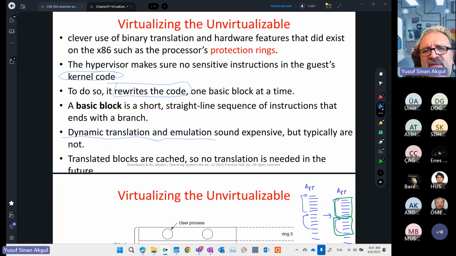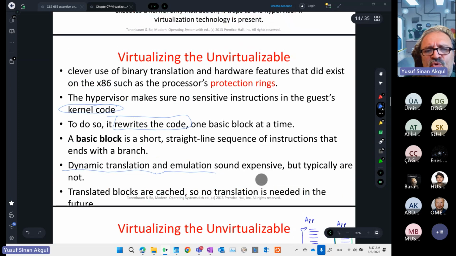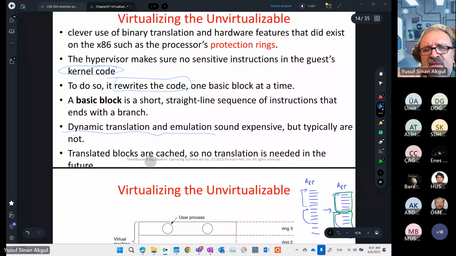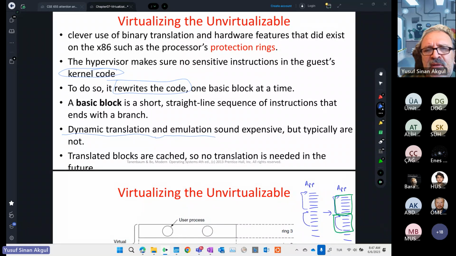It may sound expensive, it may sound like too much work, but if it is done cleverly, they are typically usable, and sometimes they are faster than the original. And these translated blocks are cached. So if I need to use them again, I don't need to do the translation again. So this is how you do virtualization without the hardware support.